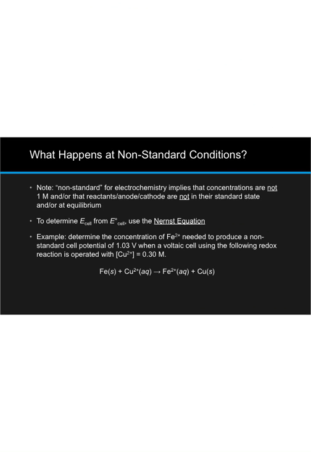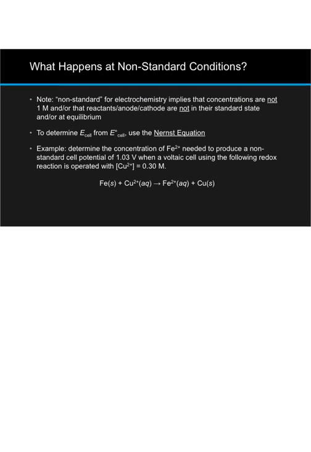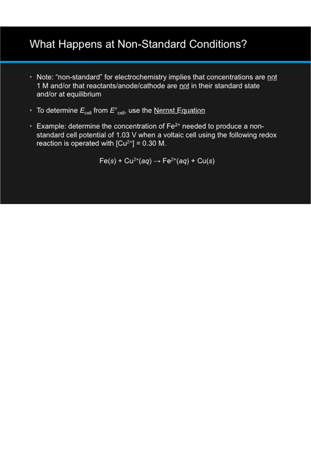And like we discussed in our chapter on thermodynamics, standard conditions are a good benchmark, but are not exhaustively inclusive of all of the possible conditions we could find a chemical reaction occur at.